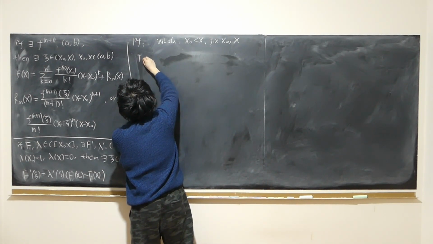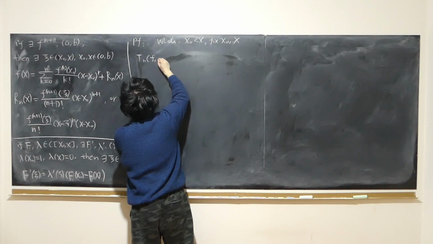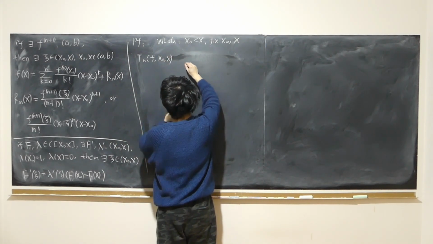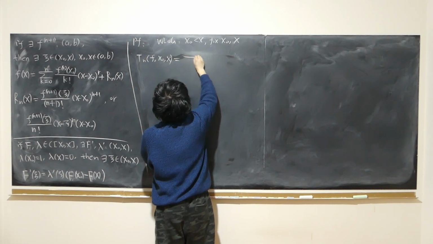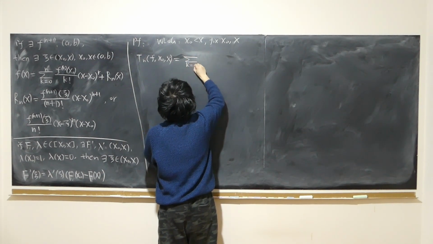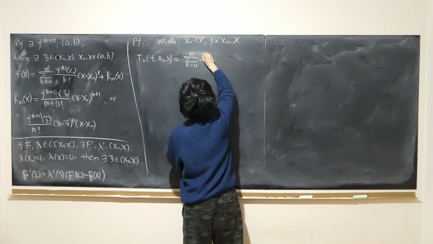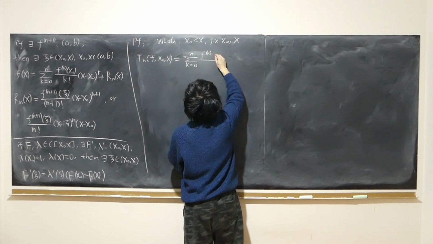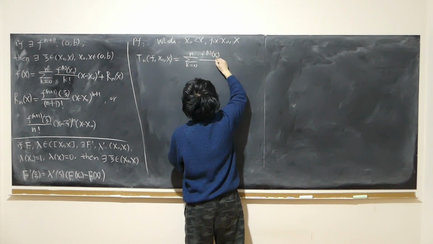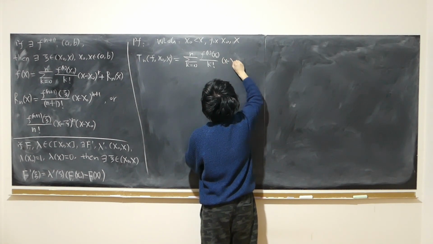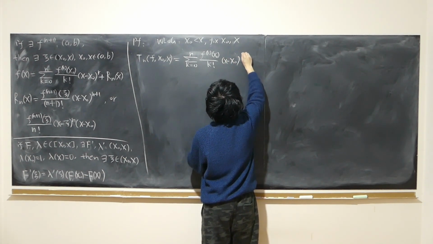Let me use T_n of f, x naught, x to represent the sum from k = 0 all the way up to n of the kth order derivative of f at x naught over k factorial times (x minus x naught) to the power of k.